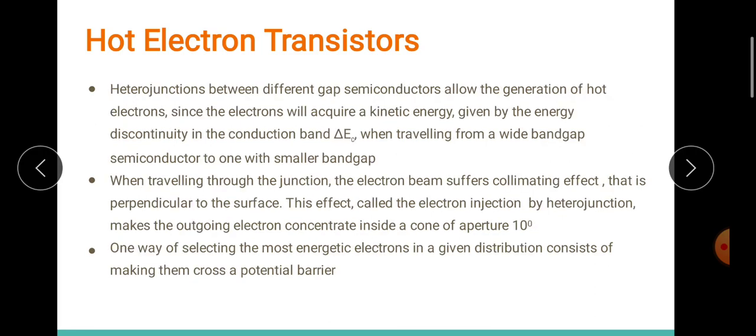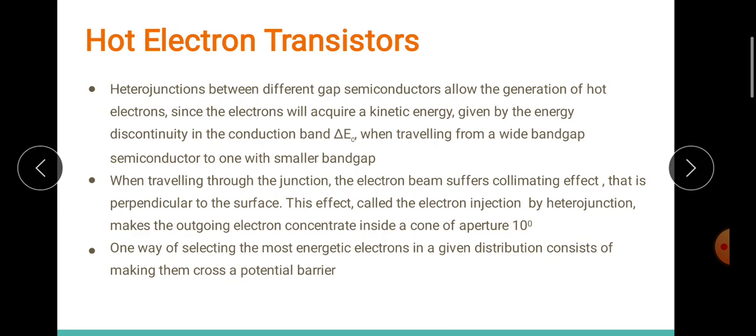Whenever we say heterojunctions, the first image that comes to our mind is perhaps aluminum gallium arsenide and gallium arsenide. When different band gap semiconductors are brought together to form heterojunctions, they allow the generation of hot electrons, because these electrons acquire a good amount of kinetic energy because of the discontinuity in the energy gaps.